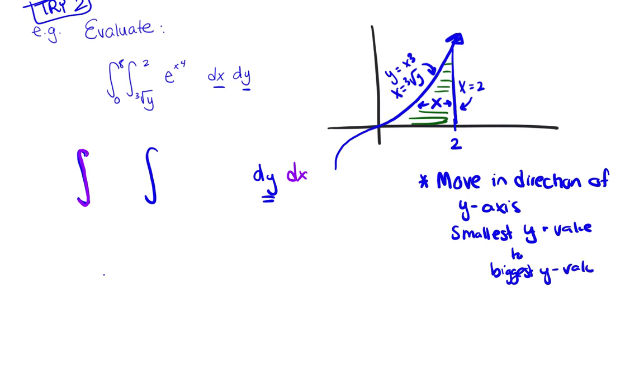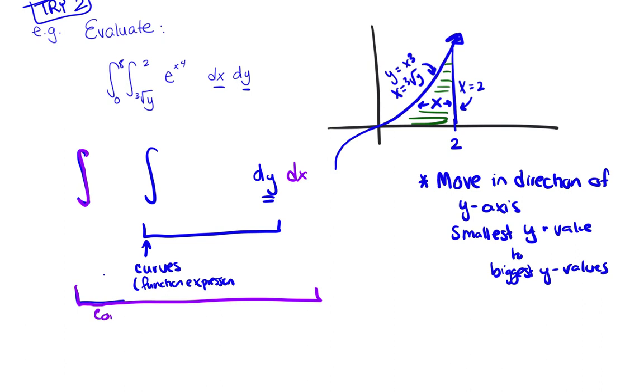As I'm doing this, for the innermost integral I want to think about those bounds being curves, so some sort of function or expression. I'm not just thinking about a constant, I'm thinking about a curve. And then for the next step out, those should be constants.